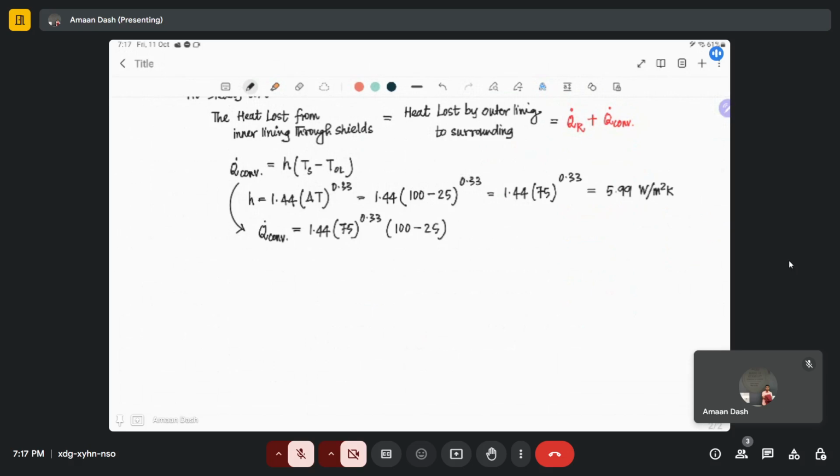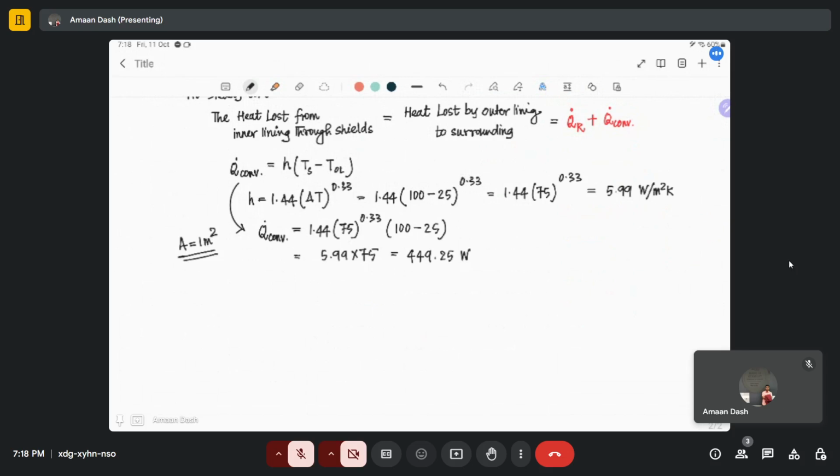So we can write it as h times (T surrounding minus T outer lining, OL).